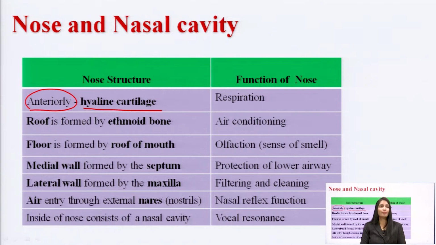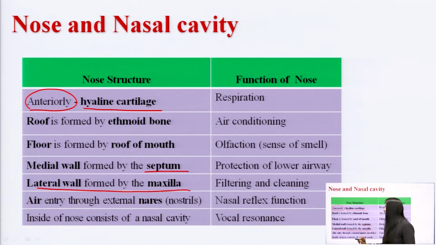The medial wall is formed by the septum, and the lateral wall is formed by the maxilla, and air enters through the nares, which you can call the nostrils. Inside the nose is the nasal cavity, which I will discuss in the coming slides. So, this is about the structure of the nose.